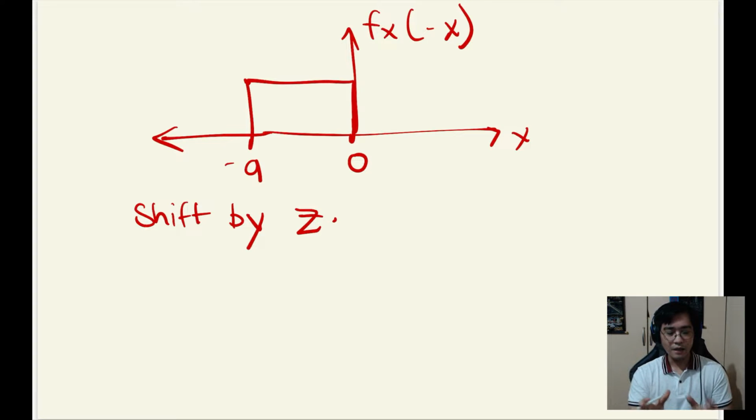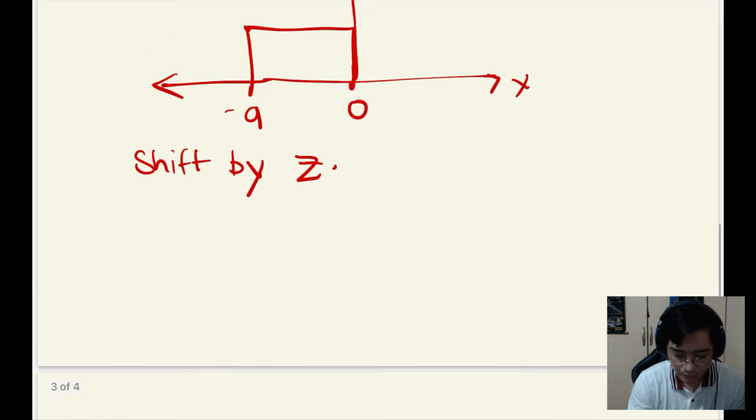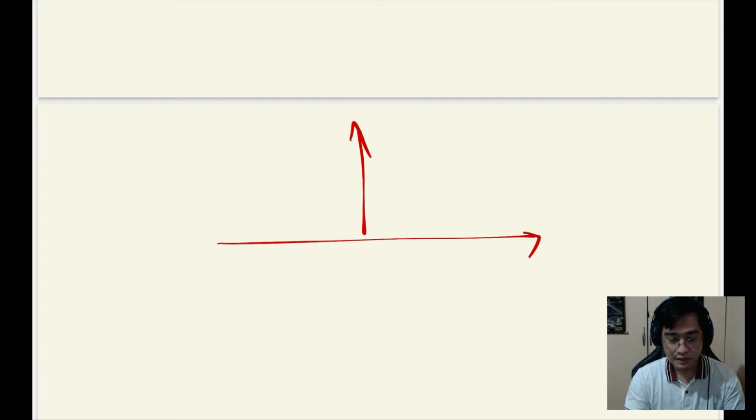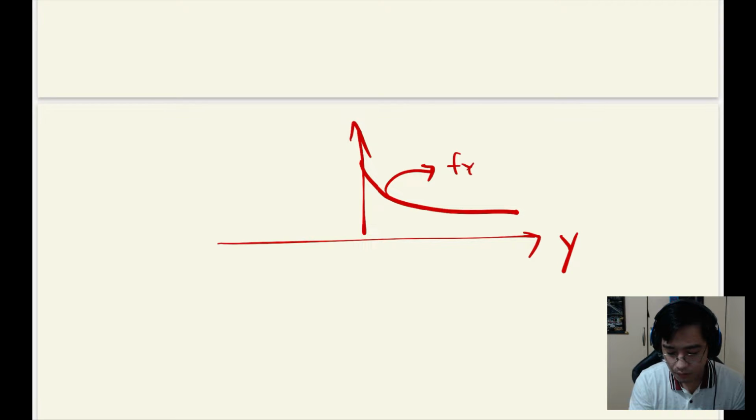Then we have certain intervals wherein we're going to see if there is overlap between the two signals. For example, when the amount of shift is less than 0, let us now sketch both distributions on the axis y. This one here is the exponential distribution, f sub y of y equal to b e to the negative b times y.